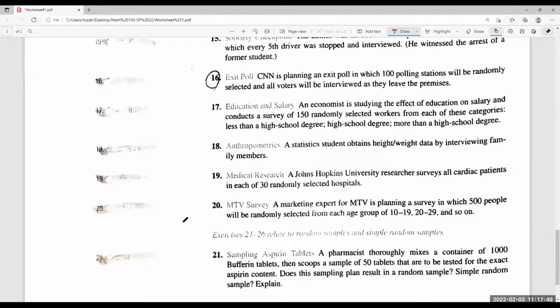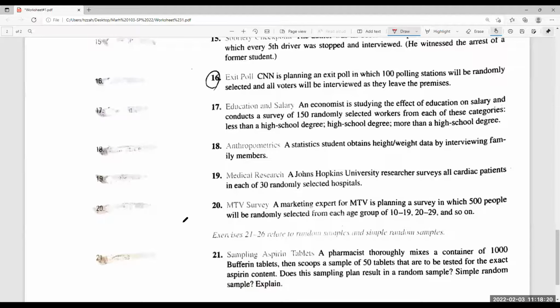It's cluster. There are definitely more than 30 hospitals, right? Yes, because they talk about hospitals. They pick only 30 hospitals and interview everyone, so there are more than 30 hospitals. The population would be divided into hospitals and they pick only 30 out of those and interview everybody. So that's clustering.